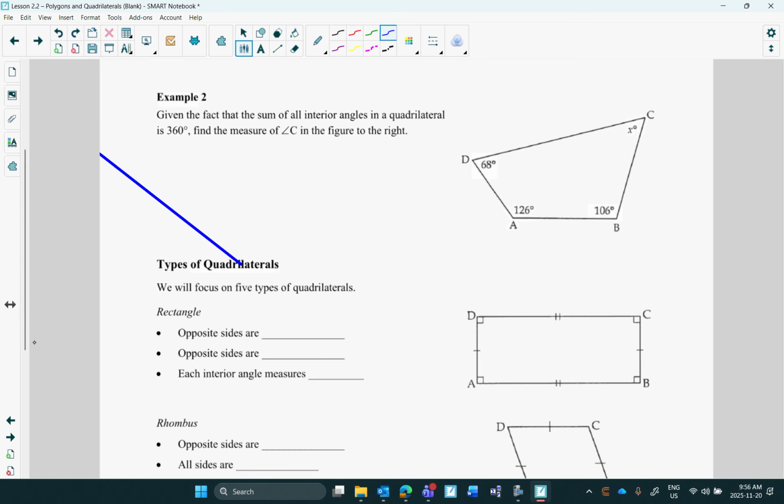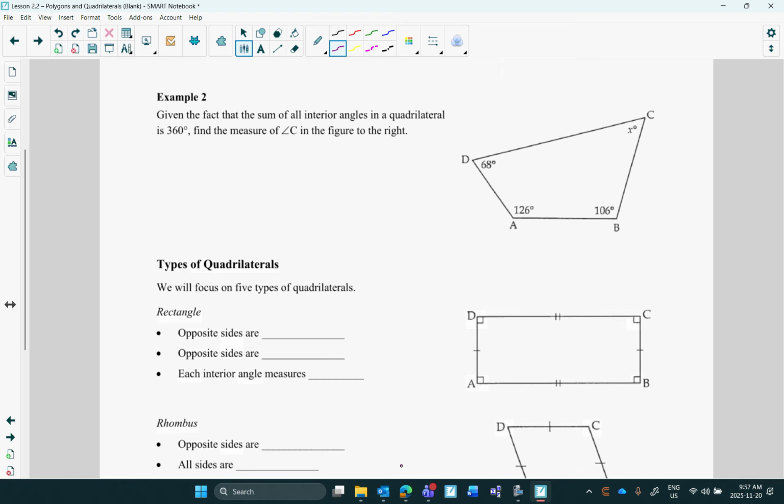So knowing that, remember, in a triangle, the sum of all three angles is 180. In a quadrilateral, the sum of all four angles is 360. So knowing that, we can answer this question. How would you find the missing angle in this quadrilateral if you're given the other three? Yeah, 360 minus all of these.